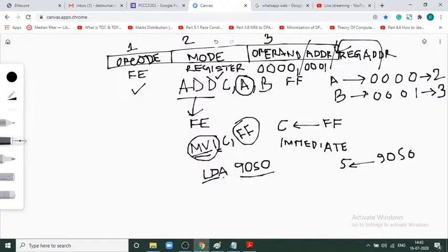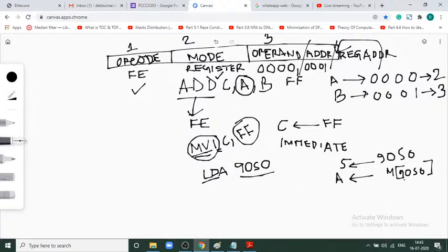So what we are doing basically, we are transmitting this data value to a register, the accumulator register. We are going to 9050 memory location, we are reading the data, which is 5, and we are loading it to accumulator, because LD stands for load, A stands for accumulator in some microprocessors or some processors.